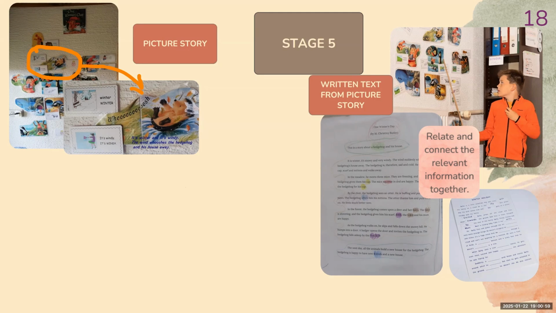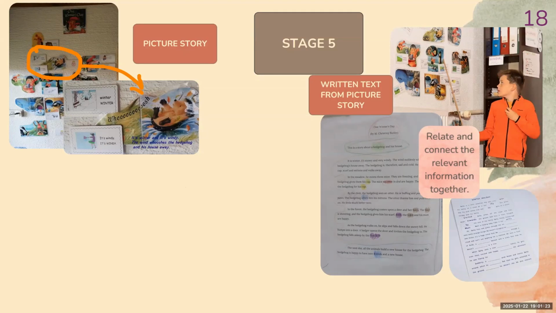So here we play with the text, where we find the relevant information. I ask for the information and they need to find it, or, for instance, find the verb, the noun that is in plural, or find all the verbs.